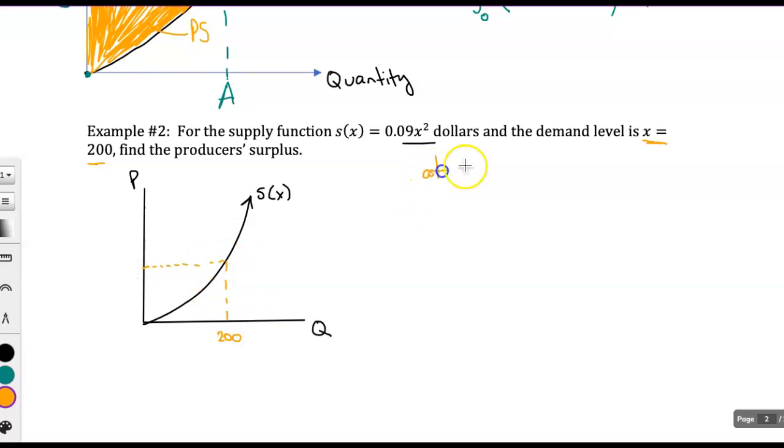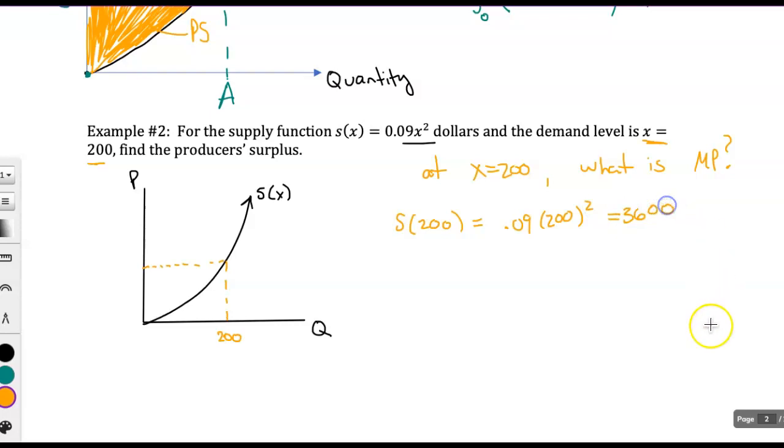So at x equals 200, what is the market price? What are people willing to pay? If I do S of 200, I get 0.09 times 200 squared, which is 3,600. So this is 3,600 right here.